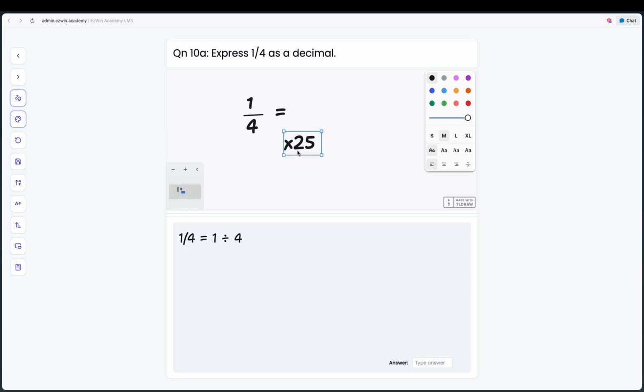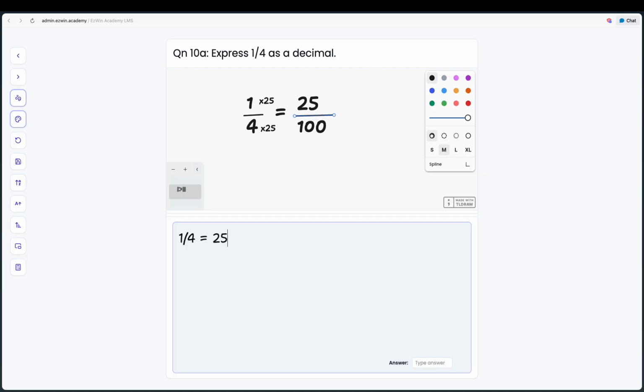So if you have done this kind of question, this will be very straightforward. So this will be 25 out of 100. To me, that is the easiest way for you to get this kind of answer. So 1/4 is basically 25 out of 100, which is equal to 25 divided by 100, which is 0.25.